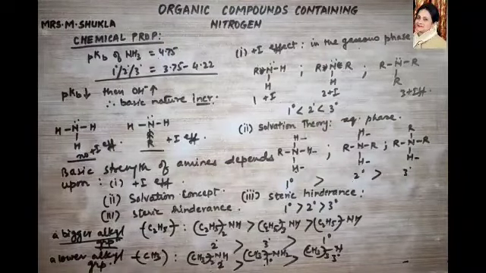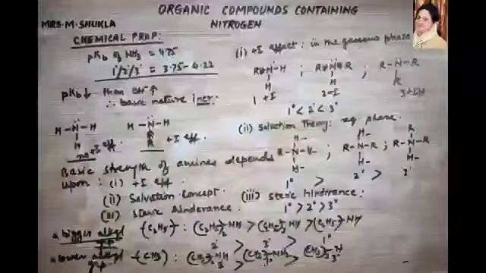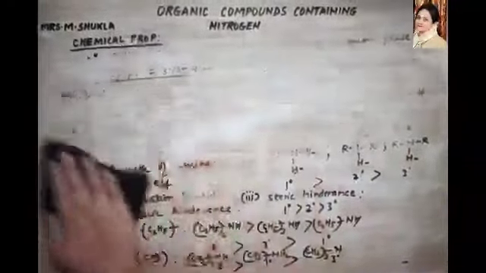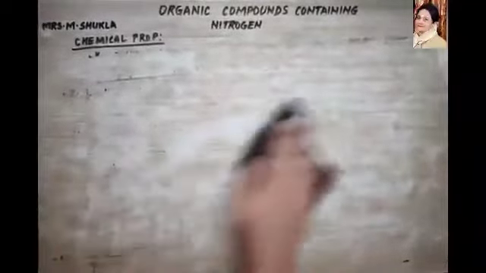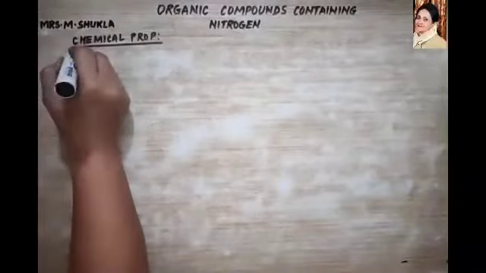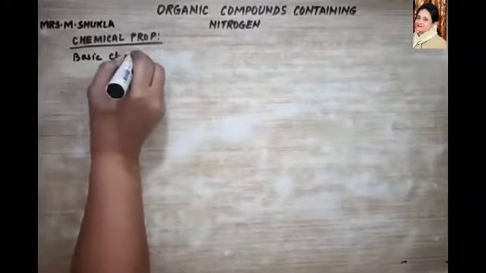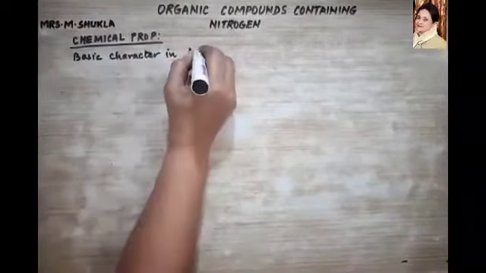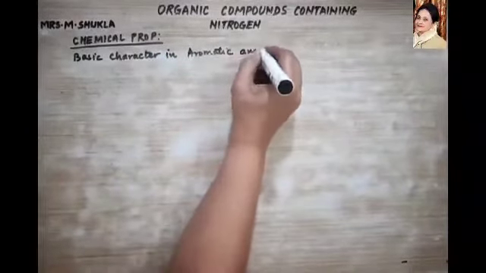Now we next move to the effect of substituents on the basic character of the aromatic compounds. Now we are going to talk about the basic properties in aromatic amines.